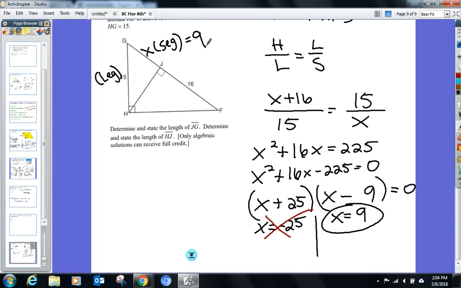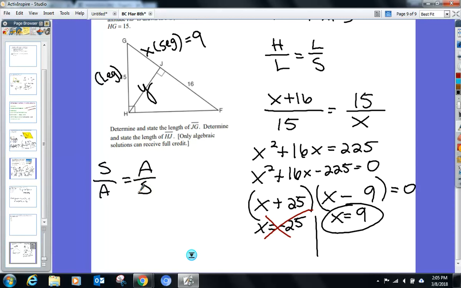Second part of the question, find the length of HJ. Now what's HJ? It's an altitude. Discussion over. The only thing I can use with an altitude is SAS.